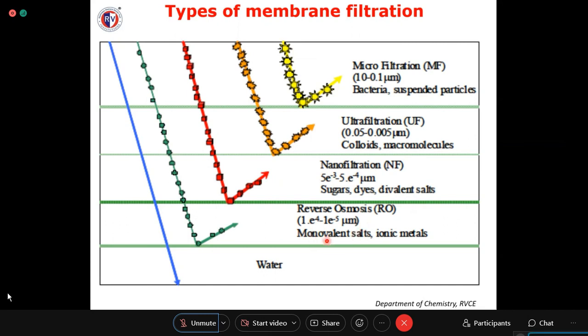Right, so here monovalent salts and ionic metals you can filter, and this kind of membranes are called reverse osmosis membranes. These are also called RO membranes. Okay, and these kind of membranes usually allow the passage of only water, not any other matter, any other suspended particles, right? So this kind of membranes are called reverse osmosis membranes.